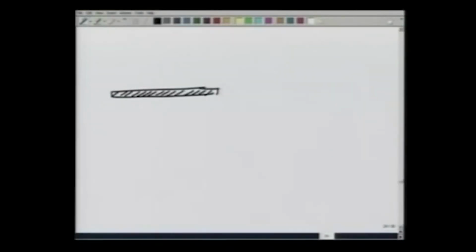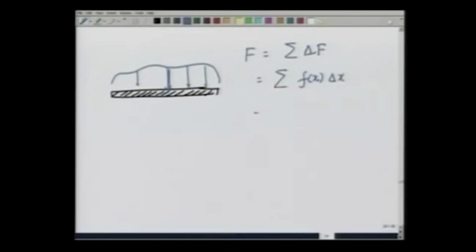If there is this distributed force f(x) acting on the beam, the net force F is going to be the summation of delta F, which is the summation of f(x) delta x, and this is nothing but the integration of f(x) dx, which is the area under this curve. That gives you the total force for a distributed force per unit length.